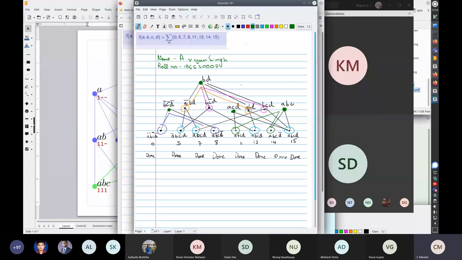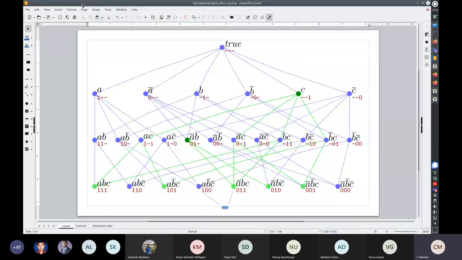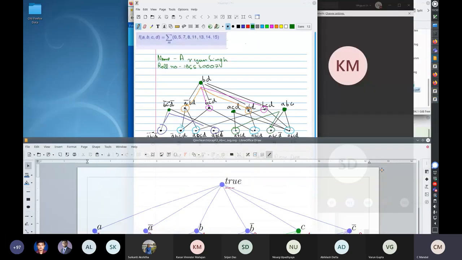So let us compare it to the Karnaugh map that we had.